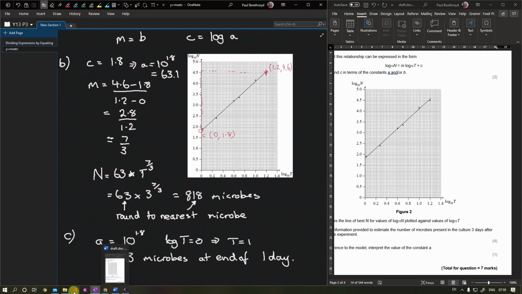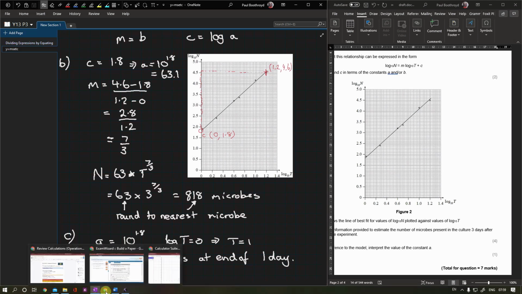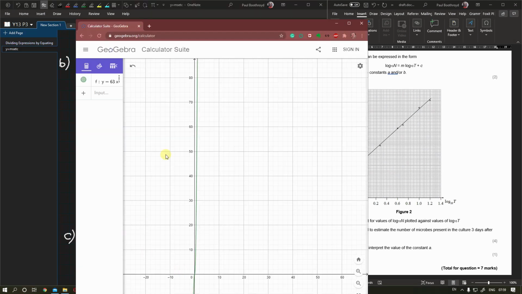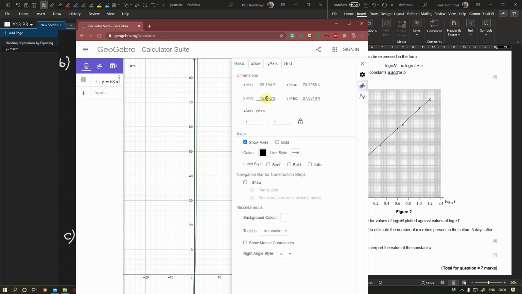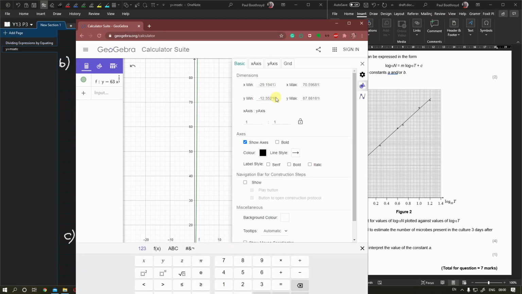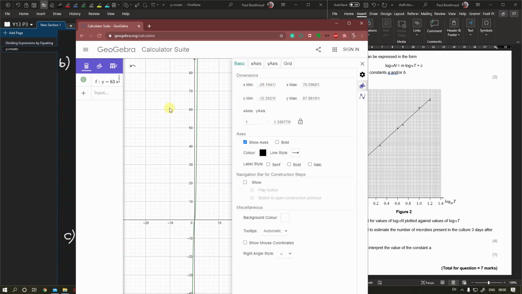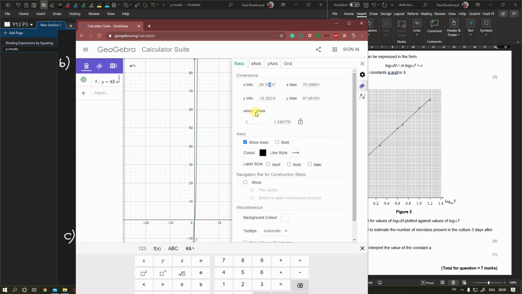And hopefully I can see that on a graph. Where's my graph? There. Let's change the scaling a bit. So I want the y minimum to be about -5. Go 0 to 3 for that way.